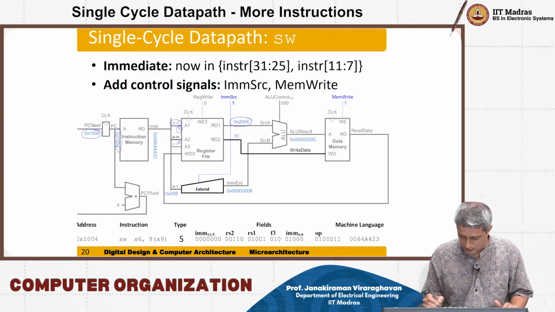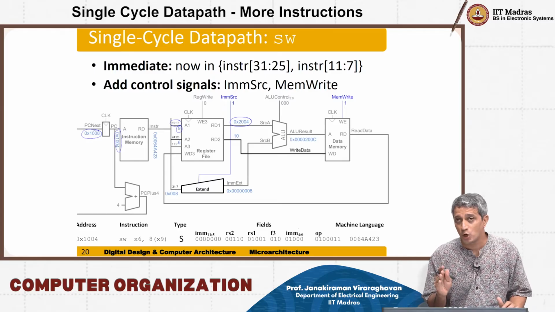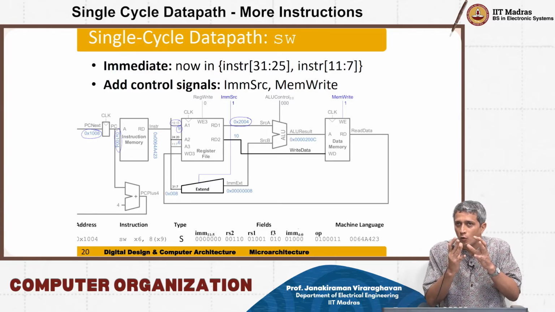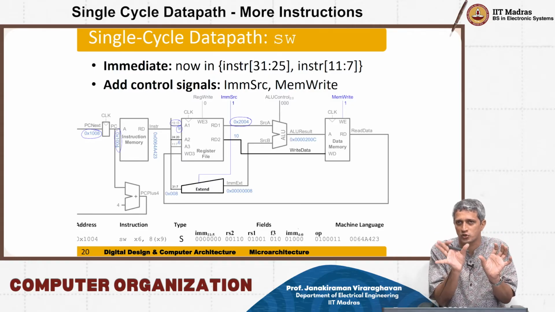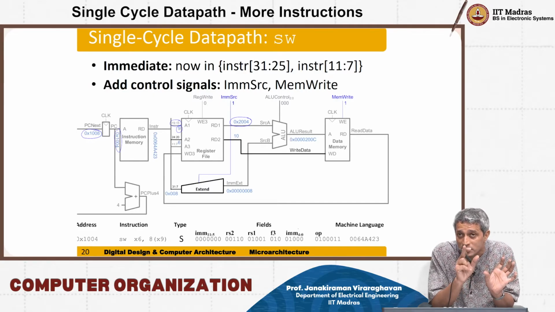So here we don't have the RD register, because this is a store word type of instruction. That means you are only operating on source 1 register and source 2 register. There is no write back into another register here.